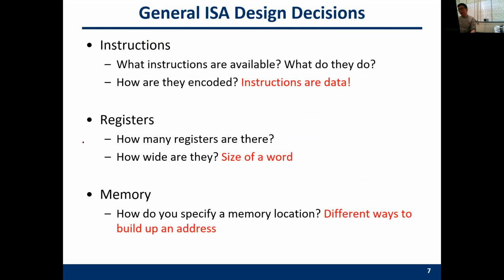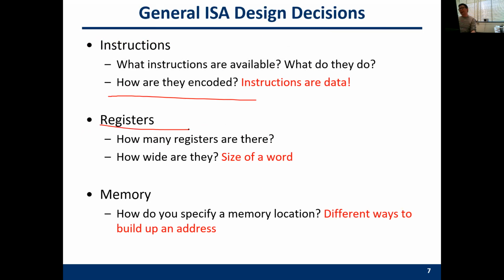So each instruction will be fetched and decoded so that the CPU can understand the content, the function of this instruction. And of course, they are stored in the main memory. So somehow they are also data.